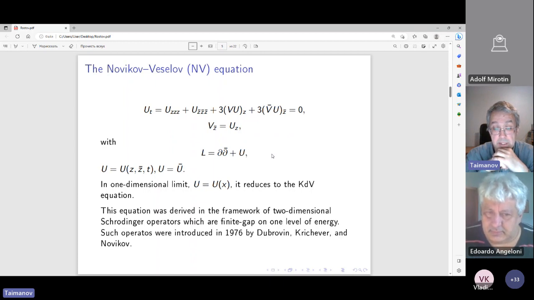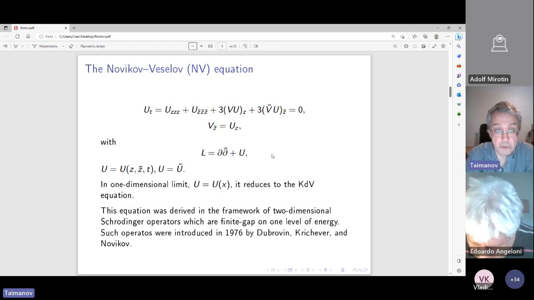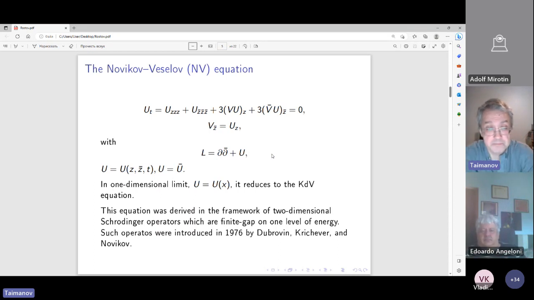In this case U_x equals V_x, so we can resolve the constraint as U equals V and substitute V into the original equation. All derivatives with respect to z and z bar have to be replaced by derivatives with respect to x, one over two, because of the Cauchy operators, and you will get the Korteweg-de Vries equation.